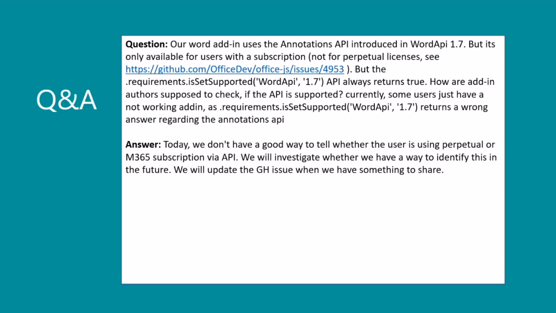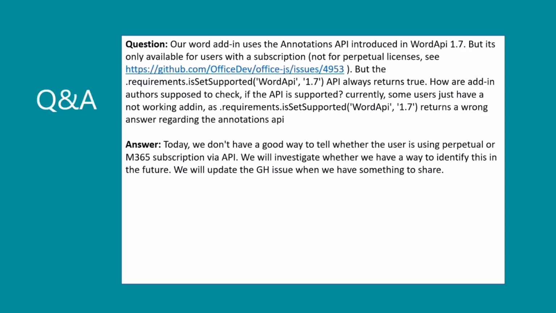Okay, the next one is for Word.js add-ins. This is a question regarding the annotation API. Currently the annotation API introduced in requirement set 1.7 is only available for M365 subscription users, not for perpetual. And right now there's no way from the API to know whether this API is supported on the user's client or not.